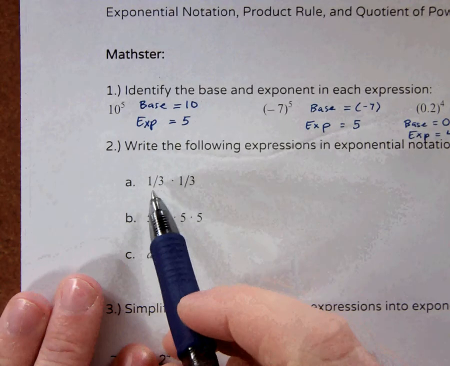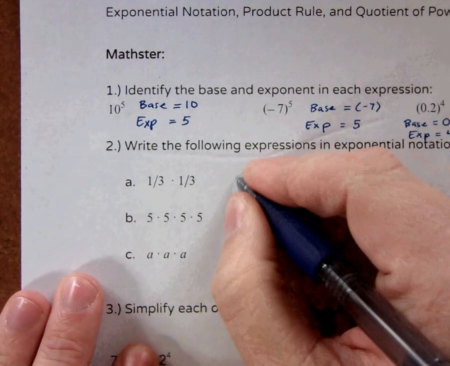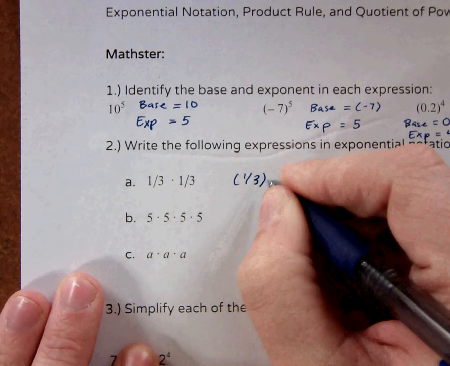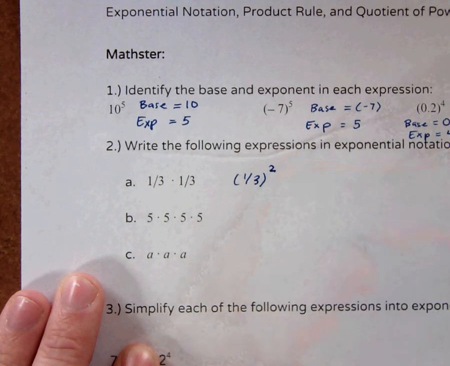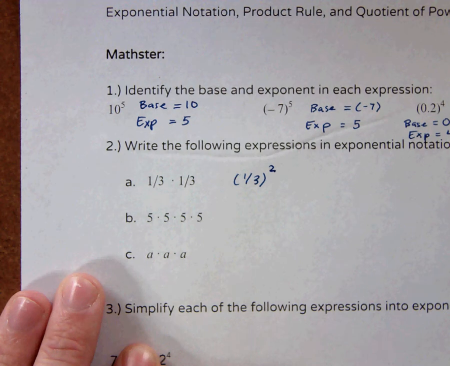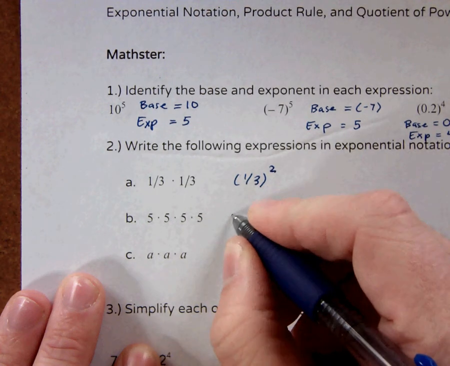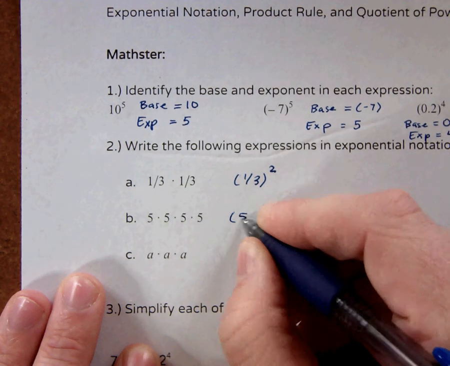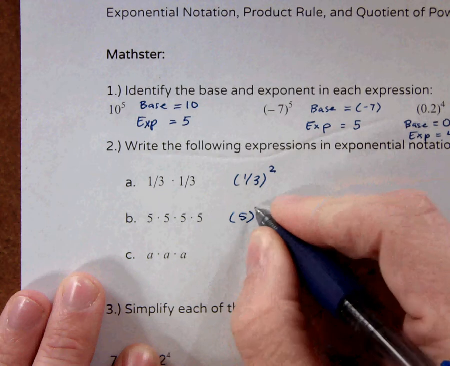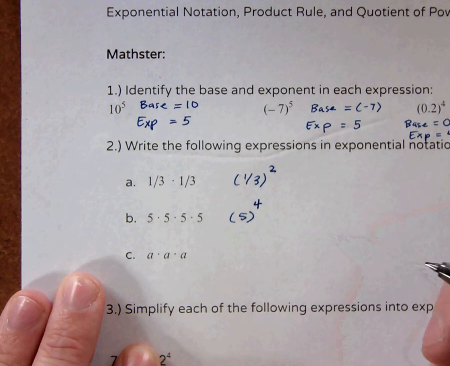Since this is 1/3 times 1/3, the base is 1/3, and the exponent is 2 because it was multiplied by itself twice. For this one, we have 5, 5, 5, 5. The base is 5, and since there's 4 of them, the exponent is 4.